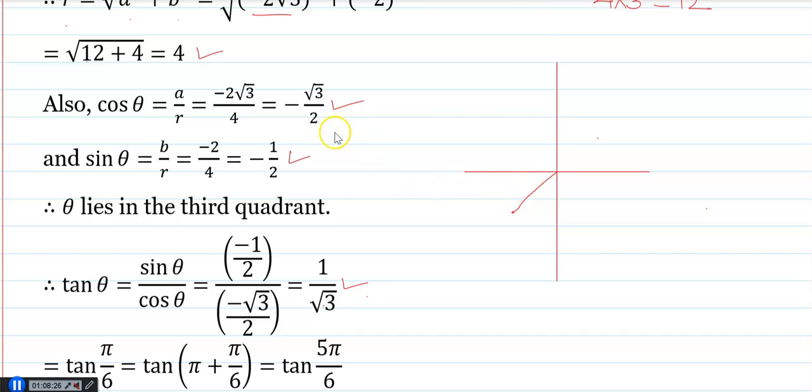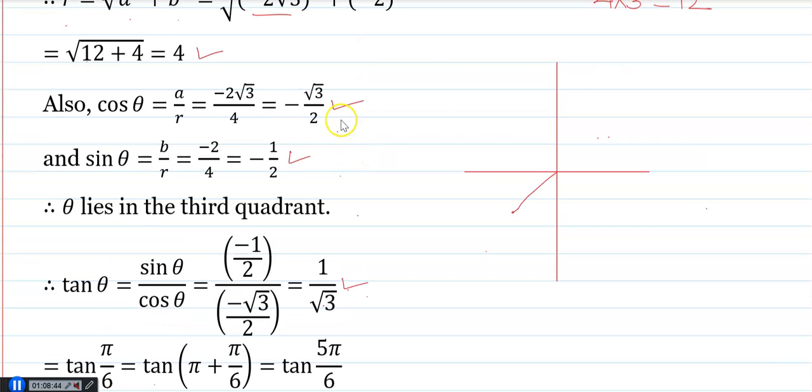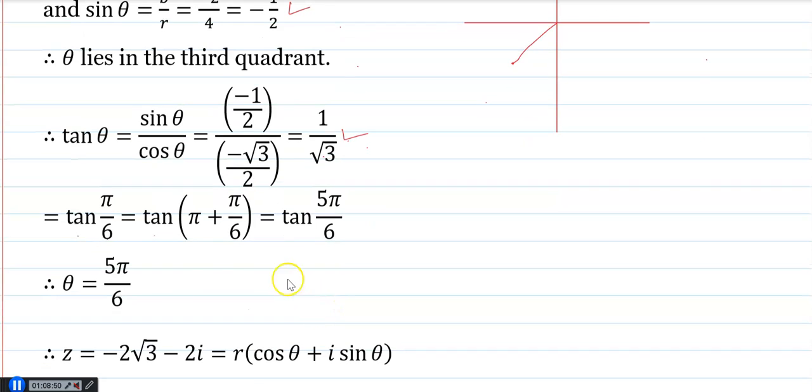But with the help of sin, cos and tan, we decide that theta lies in the third quadrant. We decide that it is in the third quadrant from the signs of all three. If we had considered only tan, it would lie in the first quadrant. But considering that sin and cos are both negative and tan is positive, we finally conclude that it lies in the third quadrant.